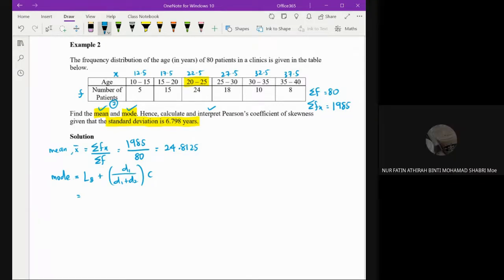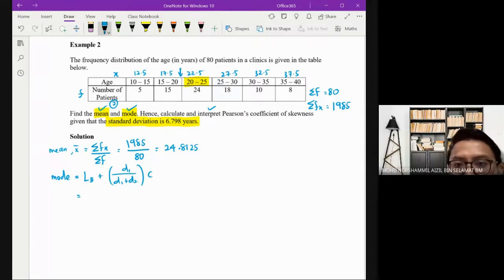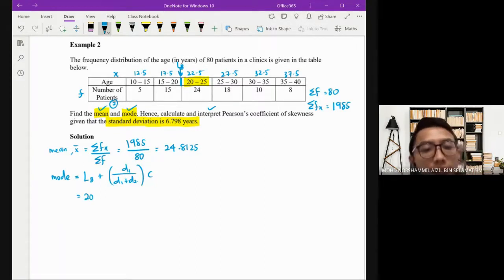The lower boundary is in between 20 and 20, so the lower boundary will be 20, not 19.5. Don't make it 19.5.